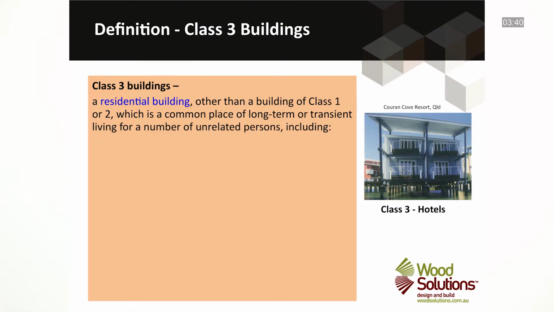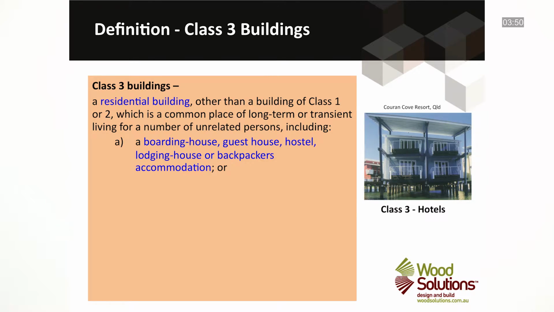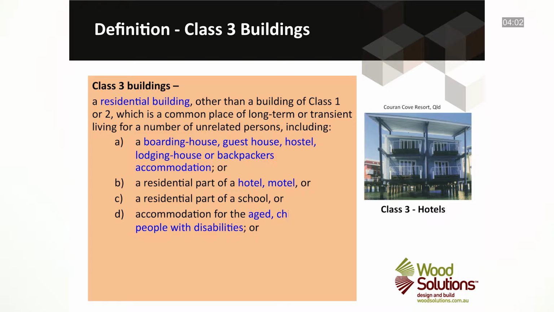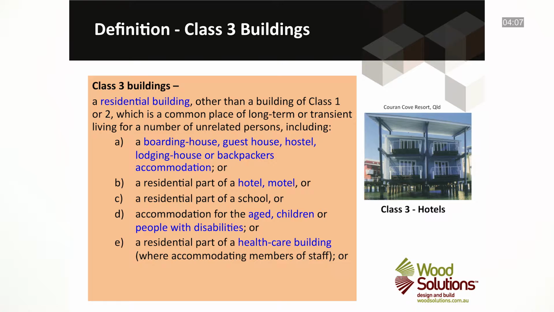A Class 3 building is defined in the NCC as a residential building other than a building of Class 1 or 2, which is a common place of long-term or transient living for a number of unrelated persons, including a boarding house, guest house, hostel, lodging house or backpackers accommodation, or a residential part of a hotel, motel, or a residential part of a school, or accommodation for the aged, children or people with disabilities, or a residential part of a healthcare building which accommodates members of staff, or a residential part of a detention centre.